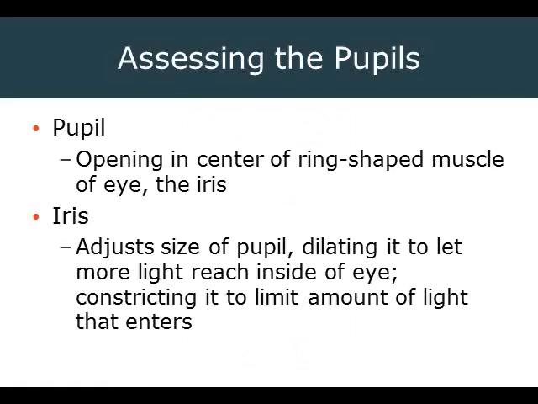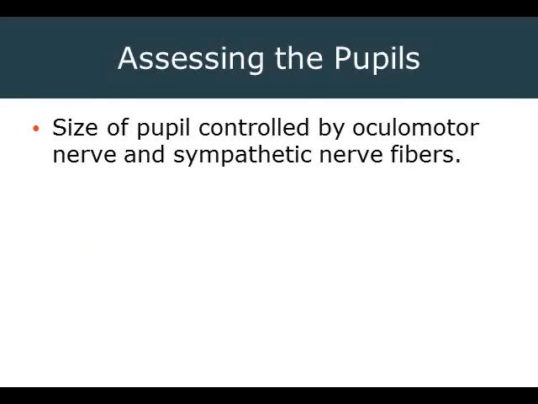So it's actually the size of the iris we're really looking at, because the pupil really isn't, quote unquote, something. It's a lack of something. There's no tissue covering it, so you have a bigger pupil. The size of the pupil is controlled by oculomotor nerves and sympathetic nerve fibers. There are a few things that influence pupil size.